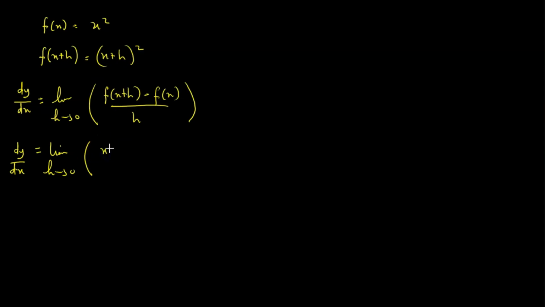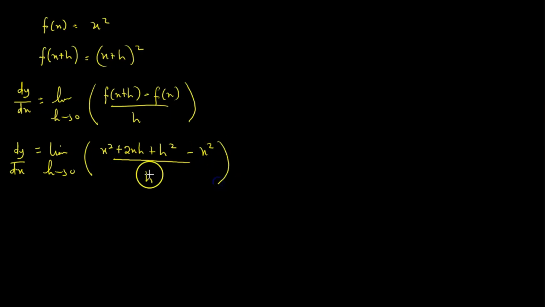x squared. When you expand x plus h all squared, you are going to obtain x squared plus 2xh plus h squared. Then this function minus f of x, which is x squared, then all divided by h.